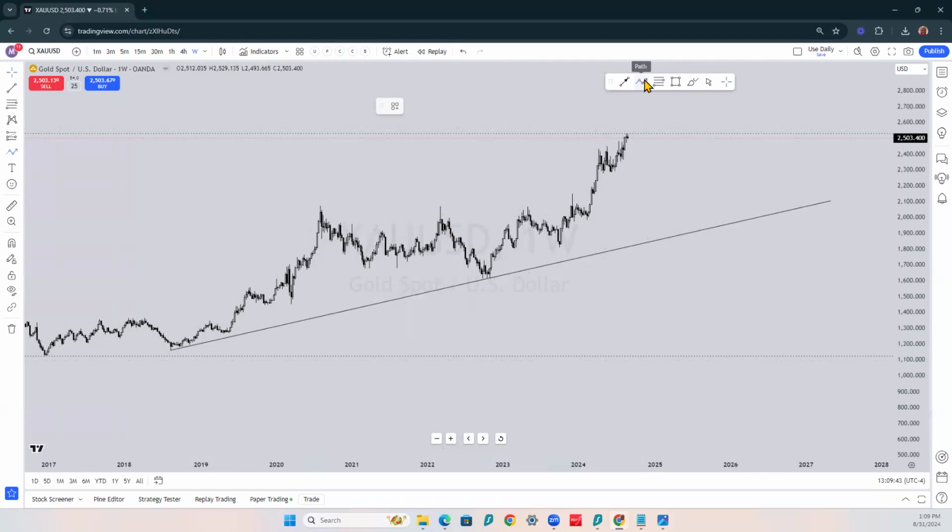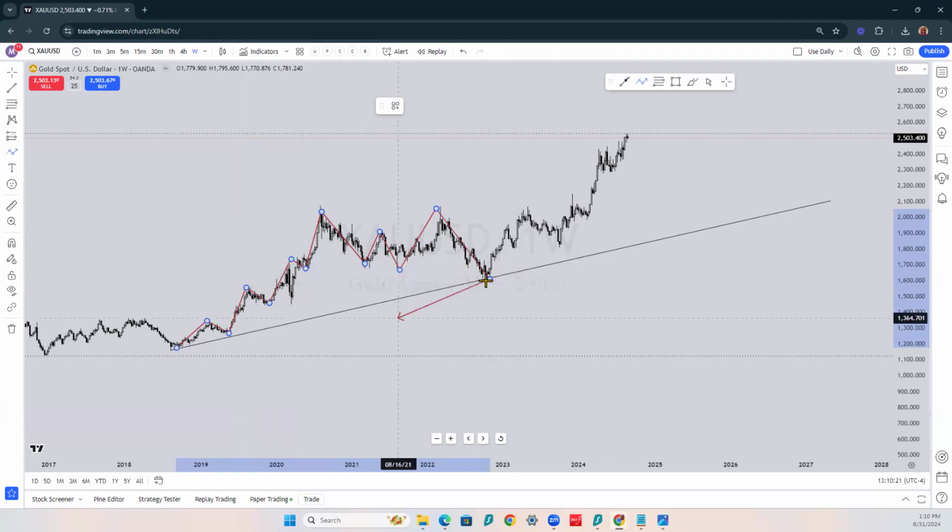Then if we take this tool, which is our path tool, we have a low, a high, a low, a high, a low, a high, a low, a high, a low. But it didn't break this low, so it's still in an uptrend. Then a high there, here, here. It did break this low, but it didn't trend below the trend line.